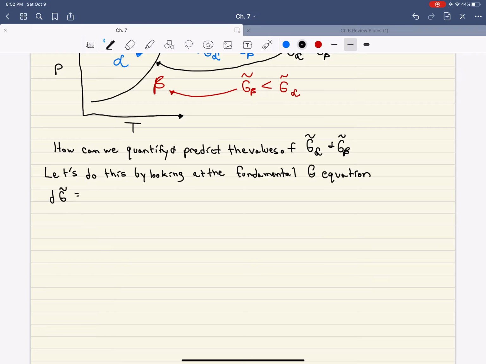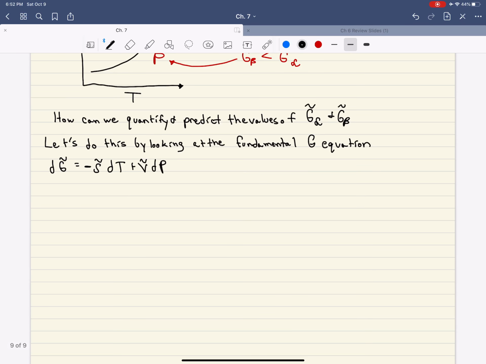If you do your thermodynamic square, you see that the partial derivative of G with respect to T at constant pressure is equal to negative entropy, and the partial derivative of G with respect to pressure at constant temperature is equal to molar volume.